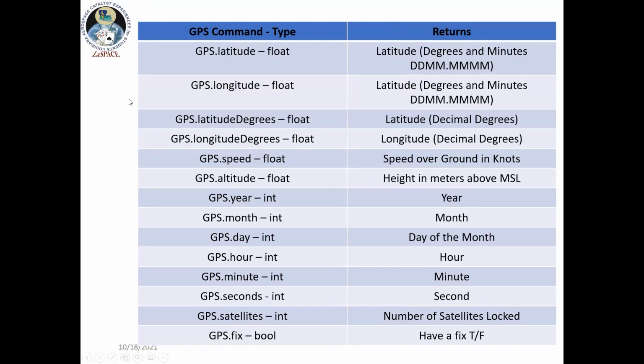Then you have what you would expect: hours, minutes, seconds, days, months, and years to give you a timestamp. There is the number of satellites that you have a lock on, which is very useful to monitor for troubleshooting, especially if you're starting to have an issue. And then there is one that will tell you what kind of fix you have.